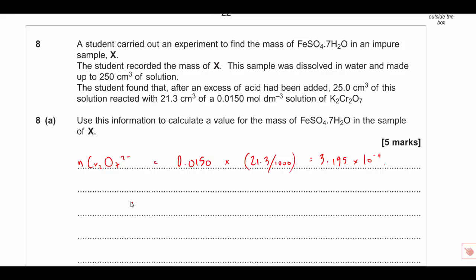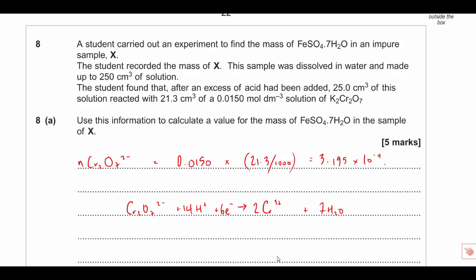So the reaction that's occurring is Cr2O7 2- going to Cr3+. When we balance that up, we're going to put here 7H2O, 14H+, and 6 electrons. I nearly forgot that.